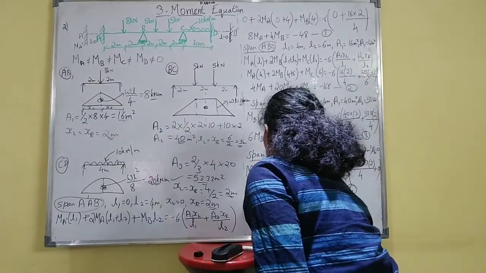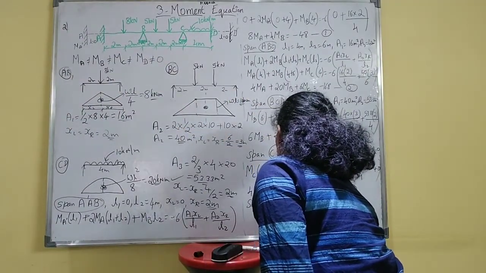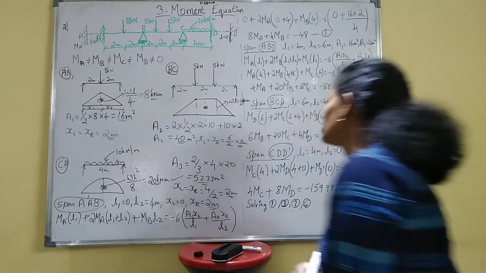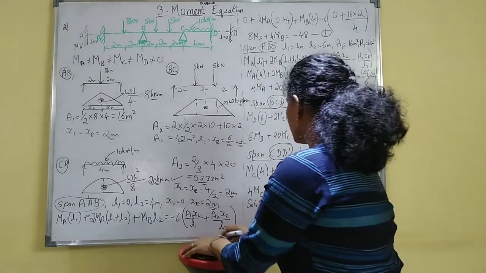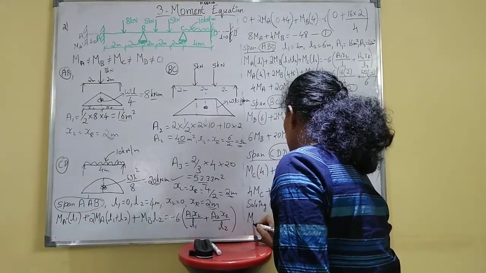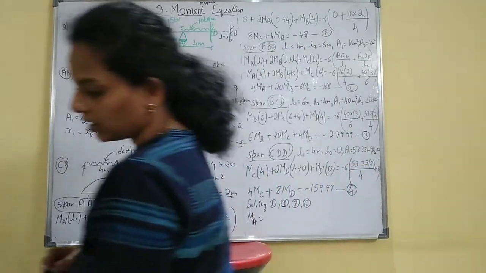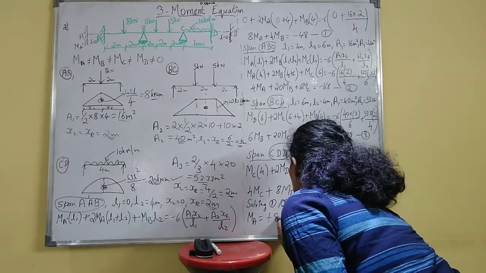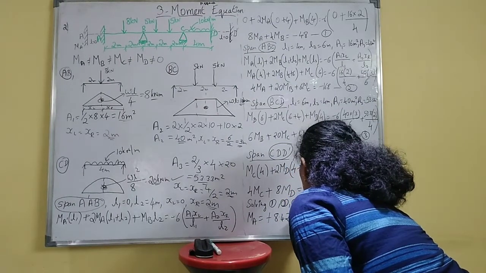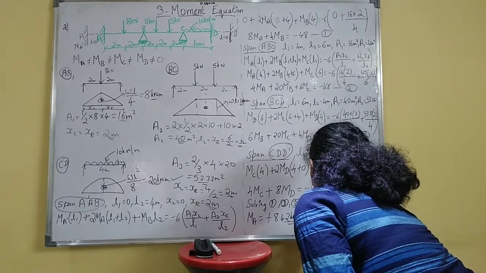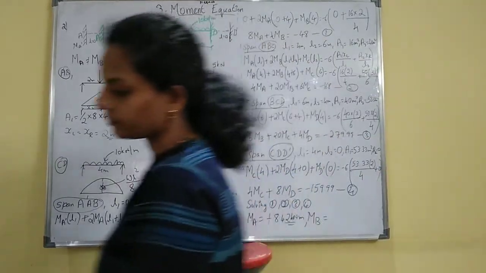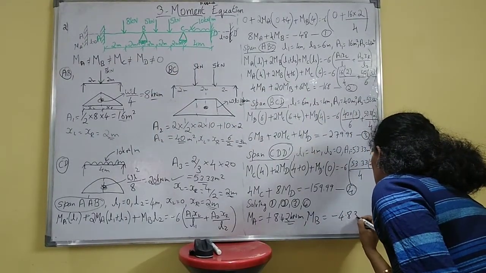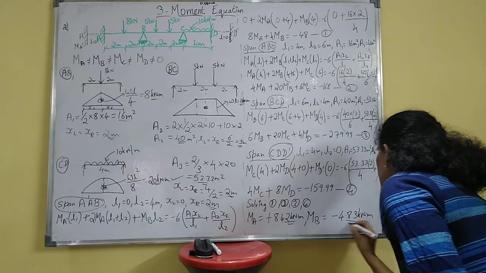So now solve these equations. Okay, you can directly calculate using a calculator. Solving 1, 2 and 4, you will have all the bending moment values, that is MA equal to plus 8.42 kilonewton meter. MB equal to minus 4.83 kilonewton meter.